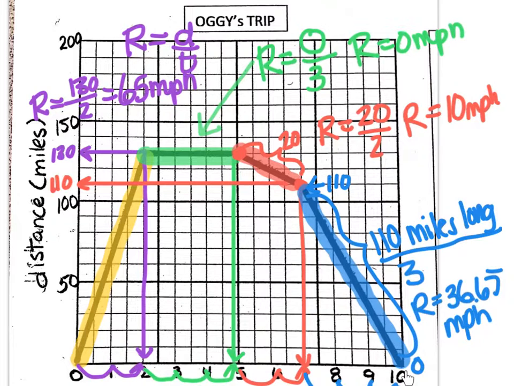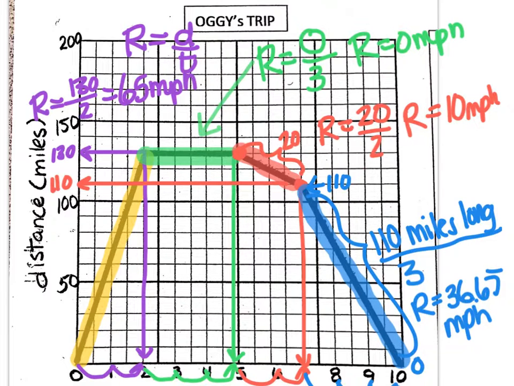And then our graph ends over here. So this entire piece is our first leg. And during this entire leg right here, we went 130 miles. Because you can see this is where the graph stops at this line. So we went 130 miles. And we did that in 2 hours. So that's how we found that first rate of speed.